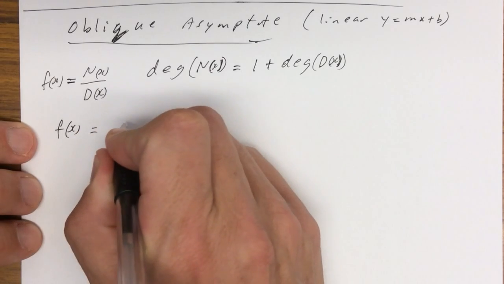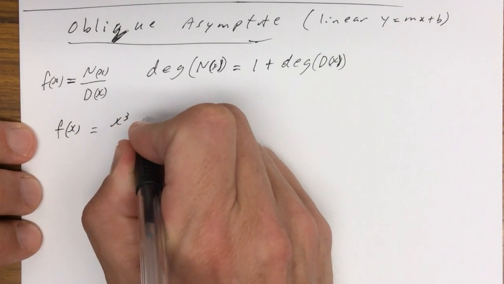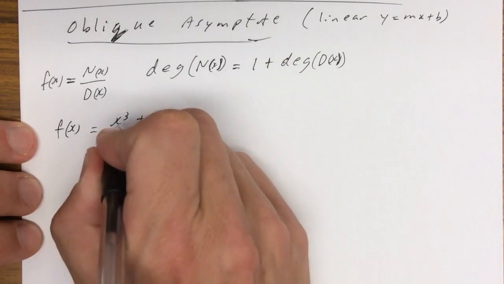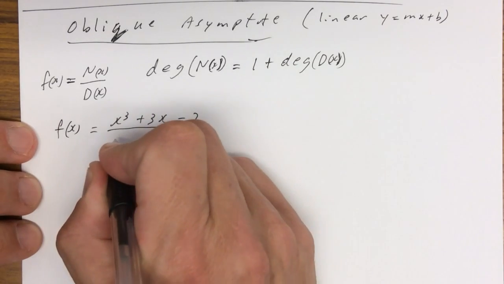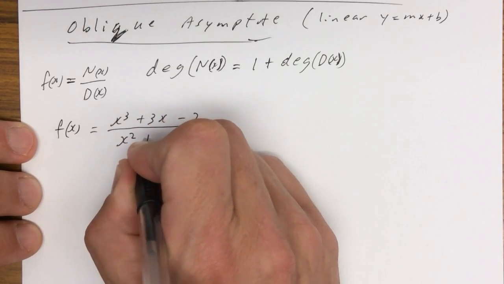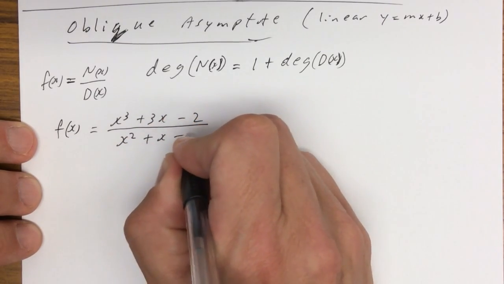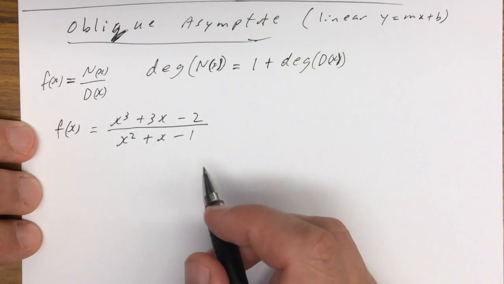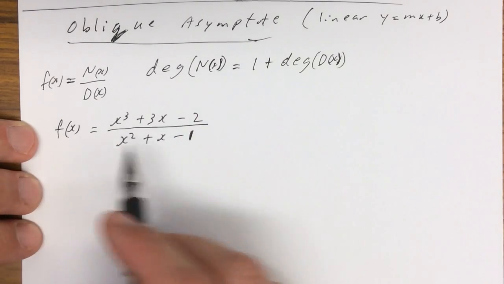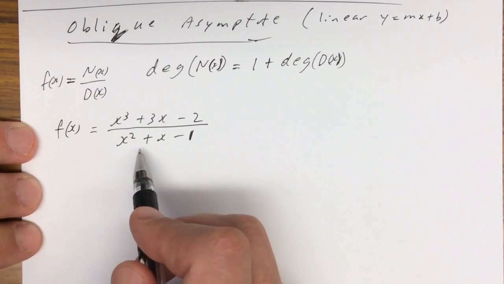So f of x equals x cubed plus 3x minus 2, divided by a quadratic. So let's do x squared plus x minus 1. I don't know if these factor or not. I don't really care at the moment because I just want to look at the end behavior of a cubic divided by a quadratic.